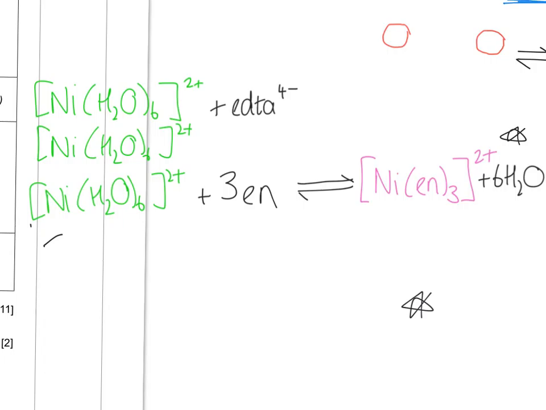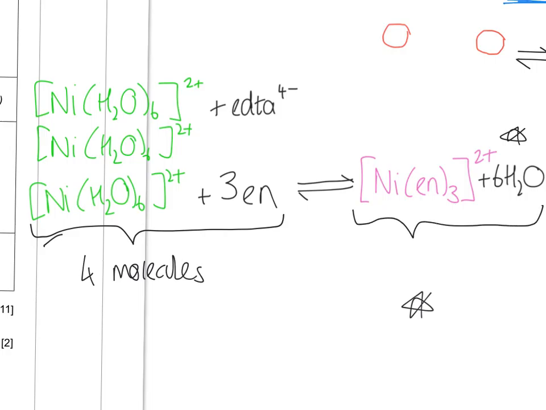Here we have our 1 complex molecule and our 3 1,2-diaminoethane ligands, so that's a total of 4 molecules. On the right-hand side, because we've freed up our aqua ligands, our water ligands, we have our complex ion plus 6 waters, which is 7 molecules. So moving to the right-hand side, we have an increase in the number of molecules, and so an increase in entropy.